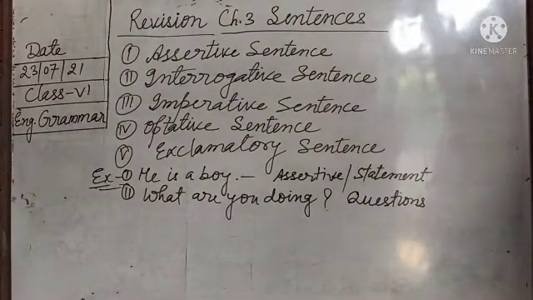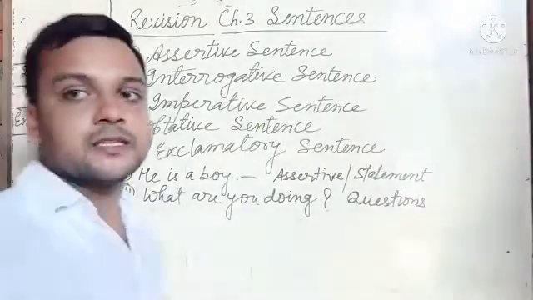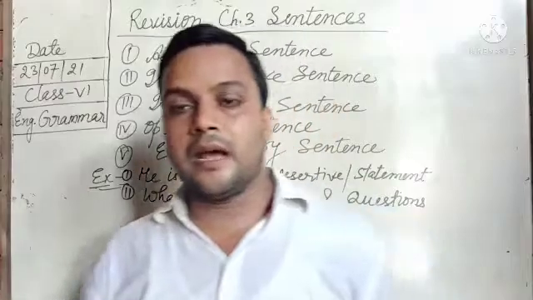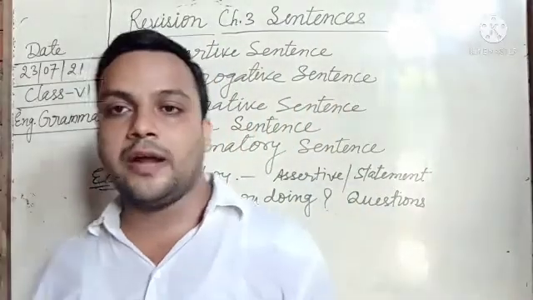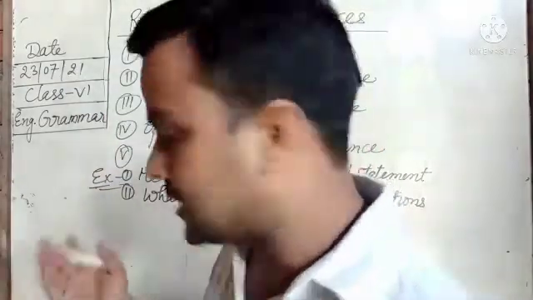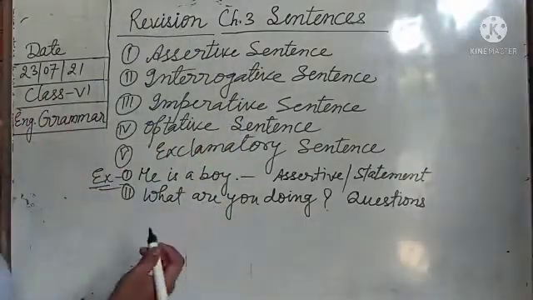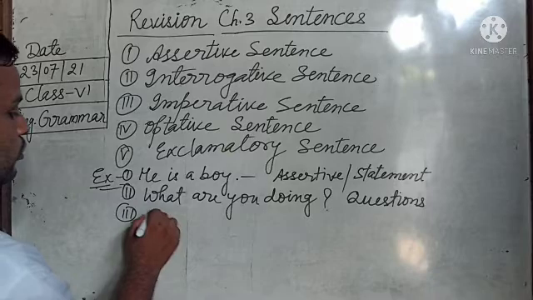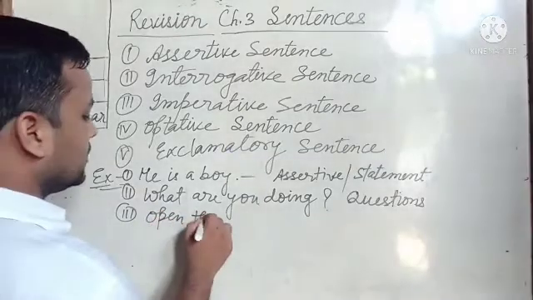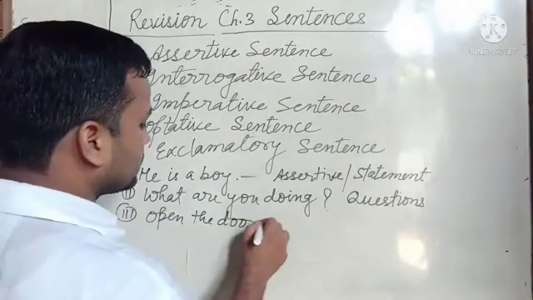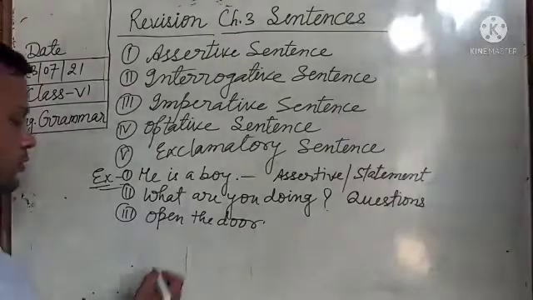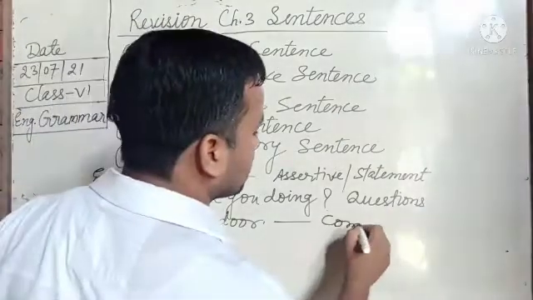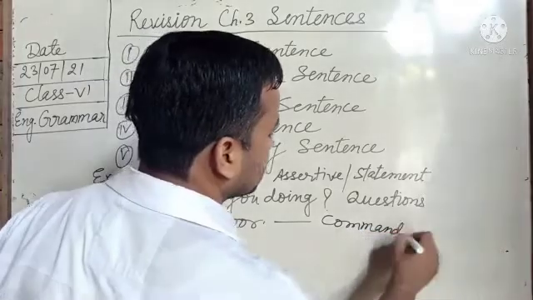And third one is imperative sentence, the sentence which expresses command, request, order, prohibition, suggestion, that is known as an imperative sentence. For example, open the door. In your book it is given as command.